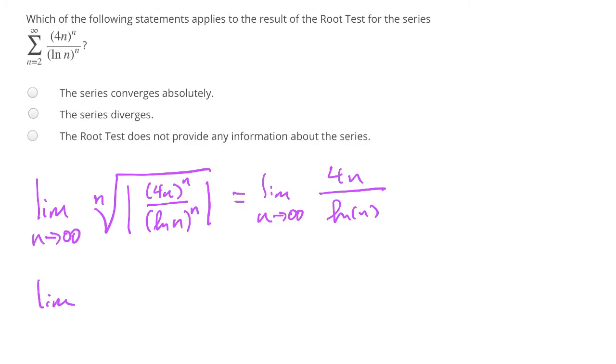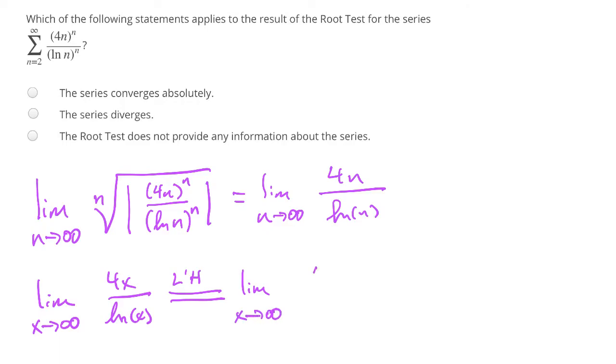So if we look at the limit, as x goes off to infinity, of 4x over the natural log of x, we do have that infinity over infinity indeterminate form, so if we apply L'Hopital's rule, then this is going to be the same as the limit as x goes off to infinity. The derivative of the numerator becomes 4, the derivative of the denominator becomes 1 over x, and so we have the limit as x goes to infinity of 4x. Well, quite naturally, that gives us a positive infinity in that case.